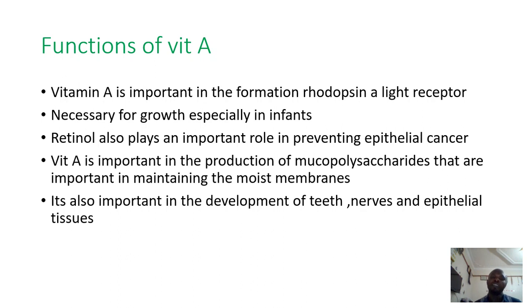We have the synovial fluids, name it. So those are the different examples of mucopolysaccharides, and then they maintain the integrity of the cell membrane, and then the moist membrane, so that they can continue performing their roles.